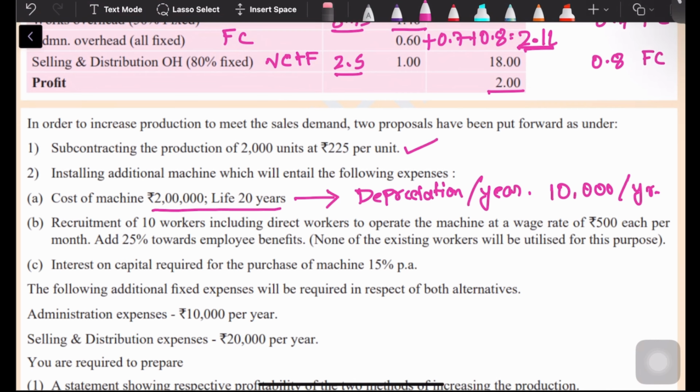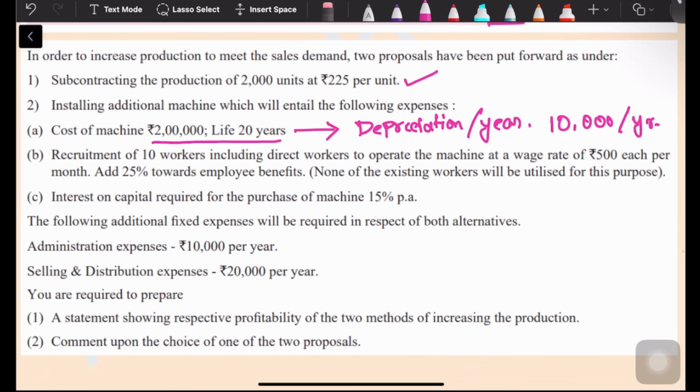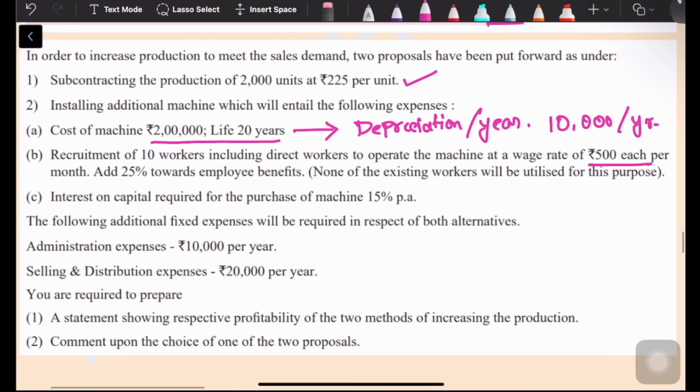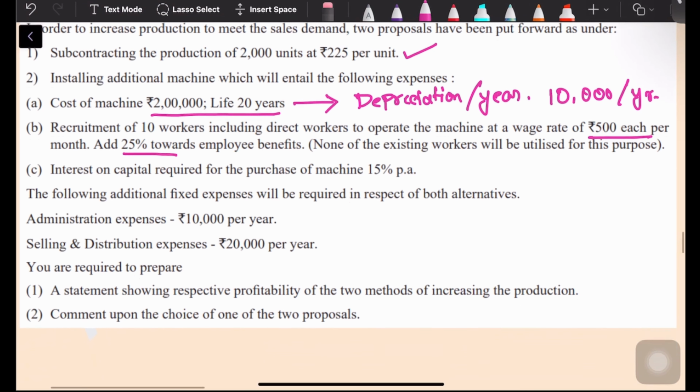Additional fixed cost. B. Recruitment of 10 workers including direct workers to operate the machine at wage rate of 500 per month. Add 25% towards employee benefit. None of the existing workers will be utilized for this purpose. So this 25% will be applicable for only the additional 10 workers. C. Interest on capital required for the purchase of machine at 15% per annum.